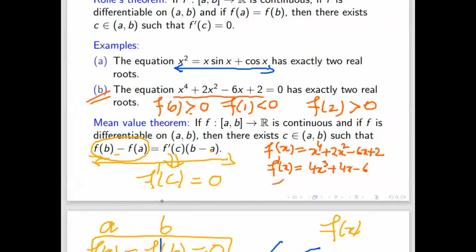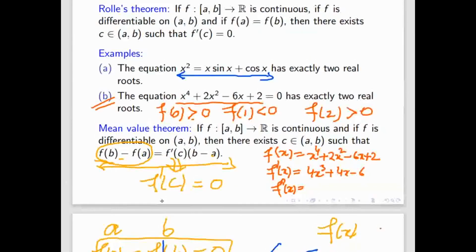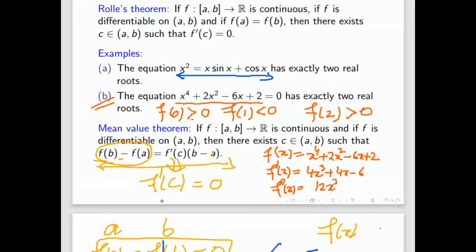Then we'll differentiate again, because I don't want to solve this cubic equation. The double derivative will give 12x square plus 4.